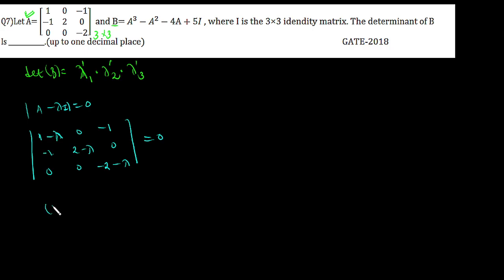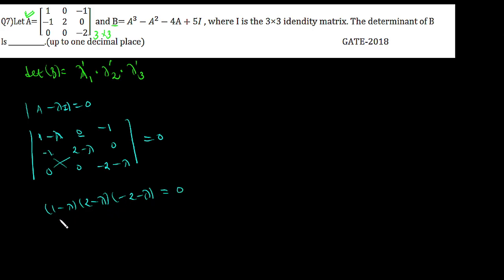So the determinant of this matrix is nothing but the multiplication of these three brackets, and the second element will be 0 because the entry here is 0, and in the same way the third entry is also 0 because the minor is also 0. So we can equate this equation to 0.